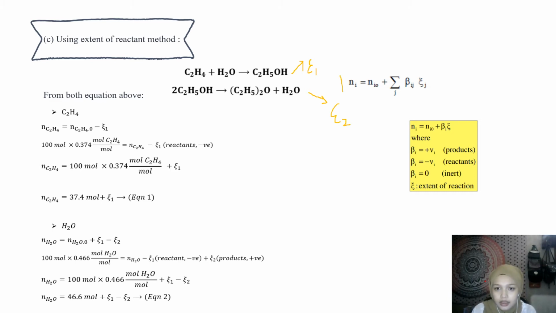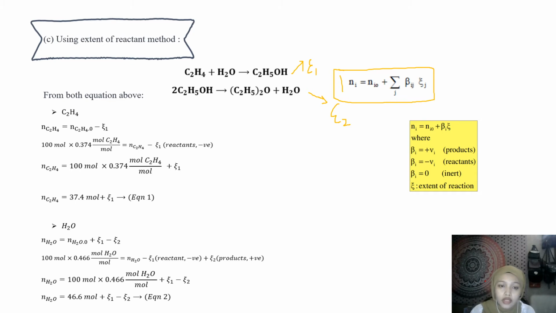So this is the general formula before we do the calculation for the extent of reaction method. From the knowledge we have, when the species is at the product side, we consider it a positive value, and when the species is at the reactant side, we consider it a negative value.